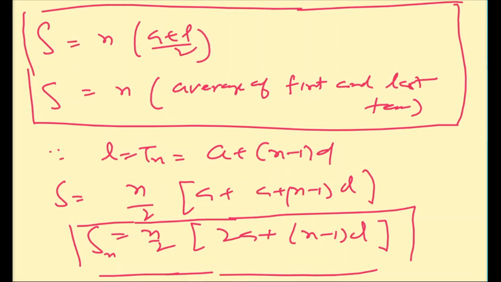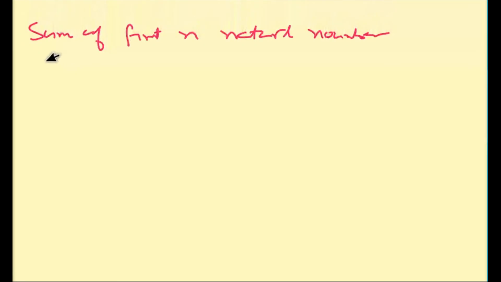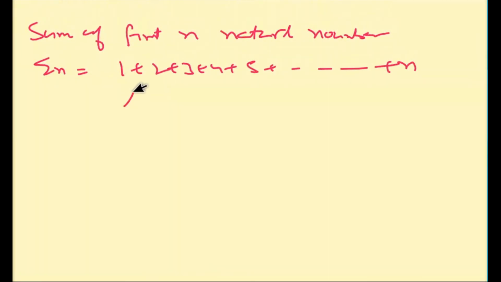Right students. So now I want to tell you one more formula here. Sum of first n natural numbers, we can write as sigma n, which is 1 plus 2 plus 3 plus 4 plus 5 plus dash dash dash plus n. And now you see it is an AP. d is equal to 2 minus 1 equal to 3 minus 2 equal to 1.